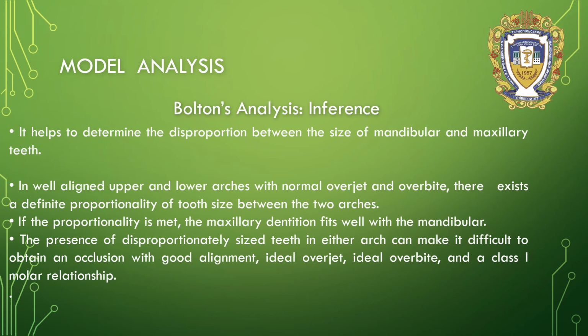In well-aligned upper and lower arches with normal overjet and overbite. I hope you remember what overjet and overbite mean. Overjet is the distance between the vestibular surface of the lower central incisors and the palatal surface of the upper central incisors.